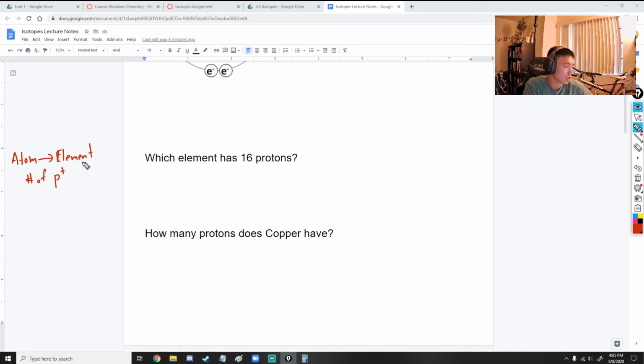Okay, so depending on how many protons an atom has, that tells us what element it is, what the identity is. Okay, so we're going to do a quick practice problem. So here it's asking us which element has 16 protons. Now in order to figure that out, what we need to do is we need to go to the periodic table. And so I'm going to go to the periodic table right here.